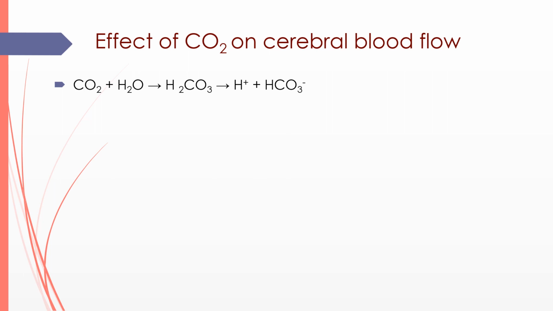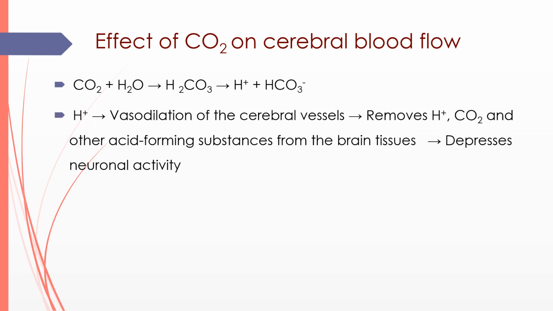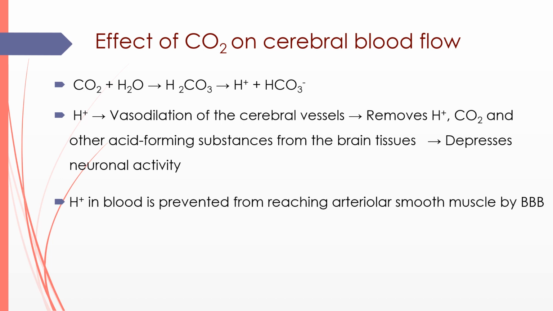Carbon dioxide, after reaching the brain, combines with water and forms hydrogen ion. This hydrogen ion causes vasodilatation of the cerebral vessels, and the removal of the hydrogen ion, carbon dioxide, and other acid forming substances from the brain depresses the neuronal activity. The hydrogen ion in the blood is prevented from reaching the arterial smooth muscle by the blood brain barrier.